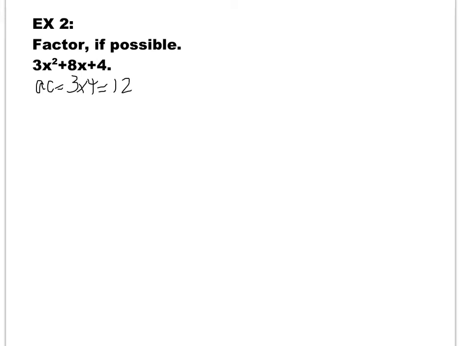Now I have to find two numbers with the product 12 and the sum 8. Those two numbers are 2 and 6. So I can break 8x into two terms, 2x and 6x. So I write 3x squared plus 2x plus 6x plus 4.